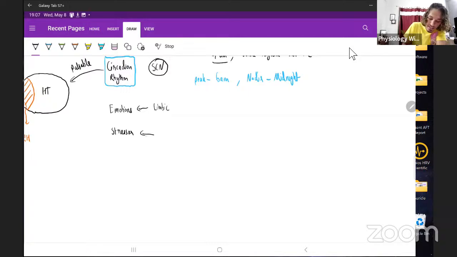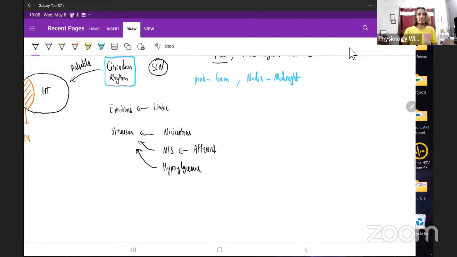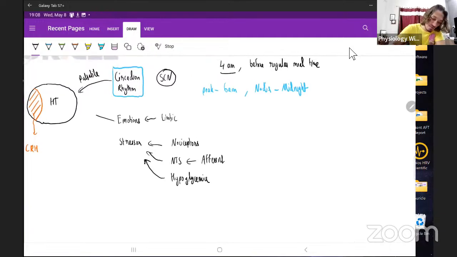That is detected by nociceptors, pain for example, or through the nucleus tractus solitarius, any other sort of afferent that comes, or even hypoglycemia. All of these stressors, along with emotions, can stimulate the release of corticotropin releasing hormone.